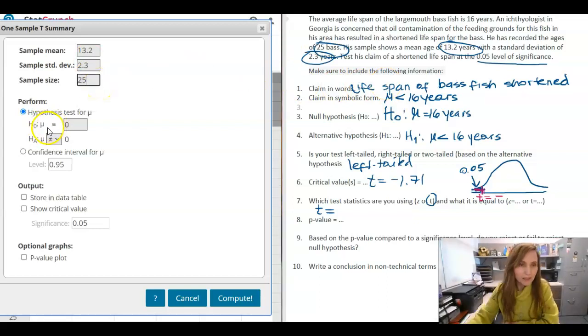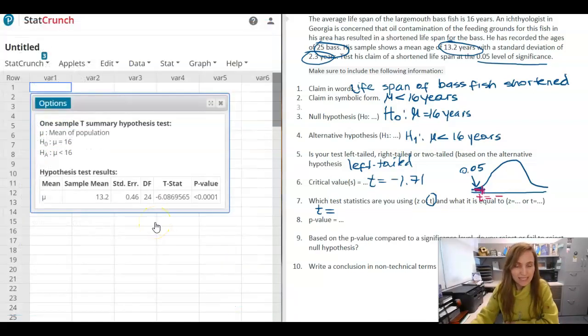Null hypothesis is mu equal to 16. Alternative hypothesis mu is less than 16. Compute. Let's write down the test statistic and the p-value. Test statistic is negative 6.09. Let's round it to 2 decimals. And p-value is less than 0.0001.